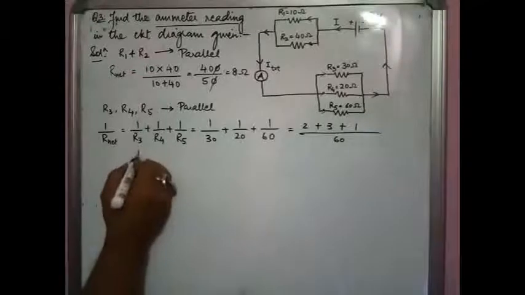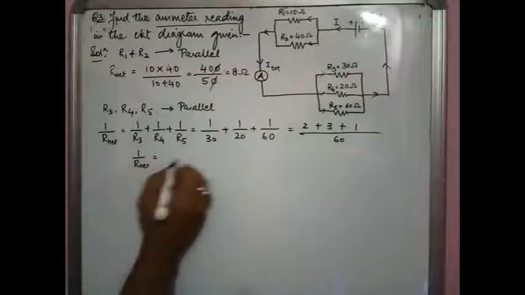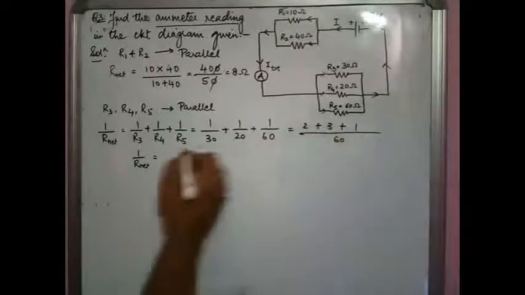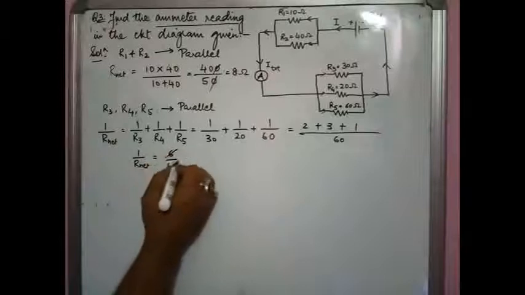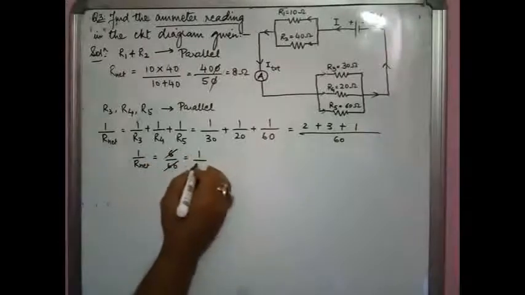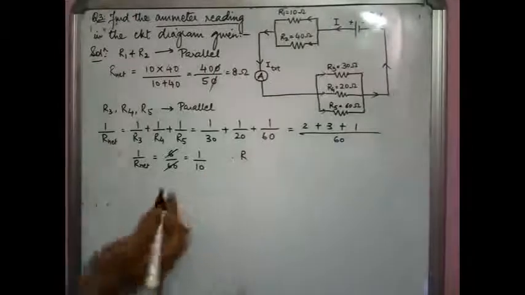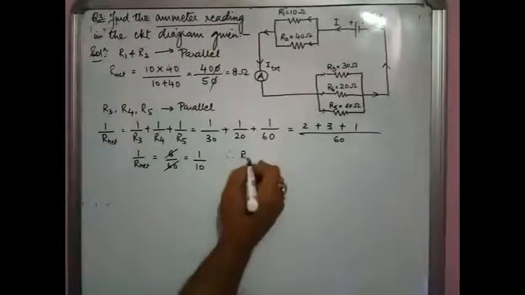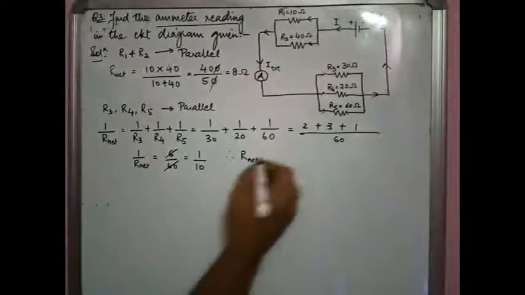Now I write 1 upon R net is equal to 3 plus 2 plus 1 upon 60, which is 6 upon 60, so this is going to be 1 upon 10. Therefore we have to take the reciprocal, because we need R net.